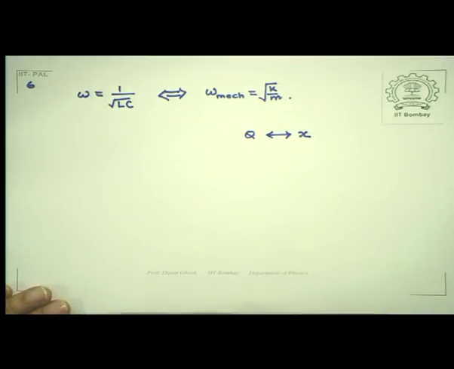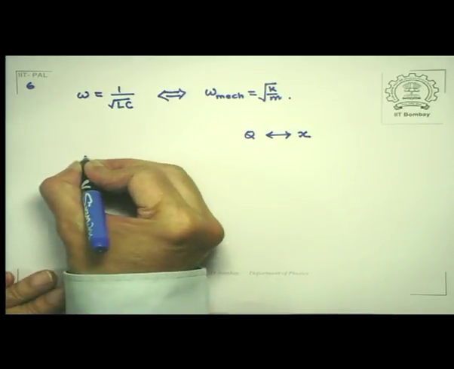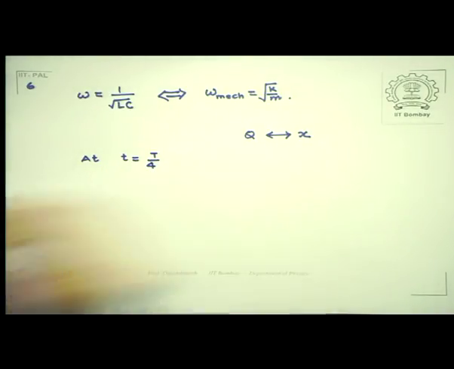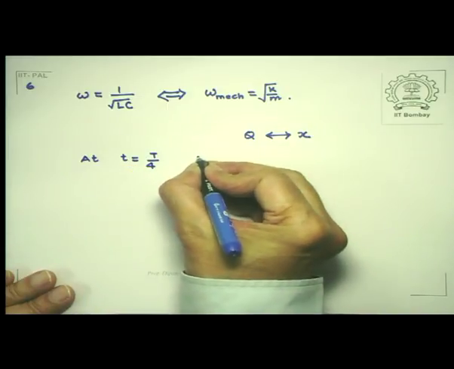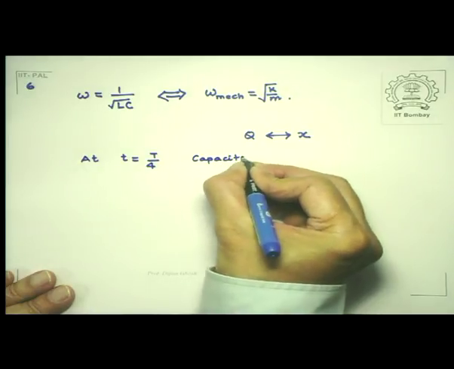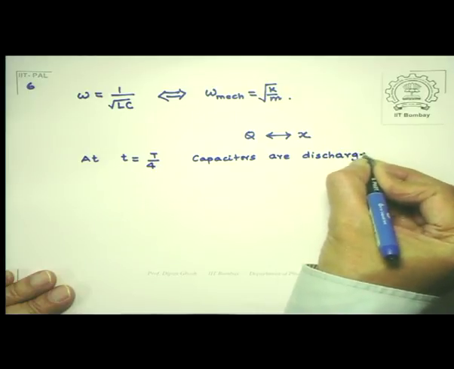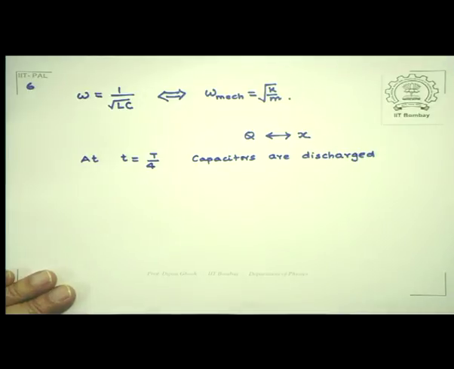Now what happens is this, that at t equal to T by 4, the capacitor is totally discharged, so the energy that was stored in the capacitor, that is energy that was stored in the electric field, has now been transferred into the magnetic field associated with the inductance.